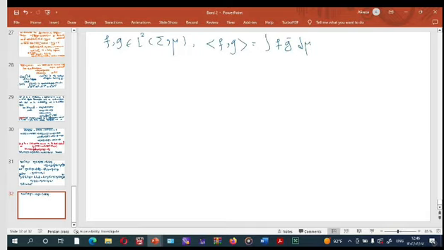The inner product of f and g equals the integral of f g bar, okay?